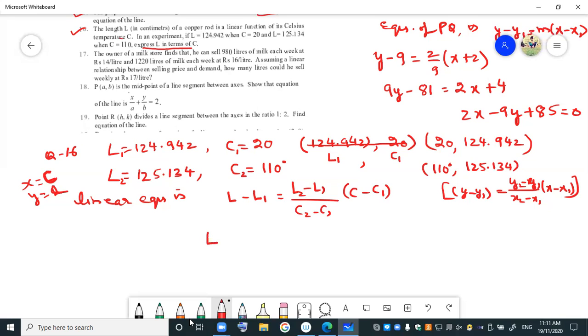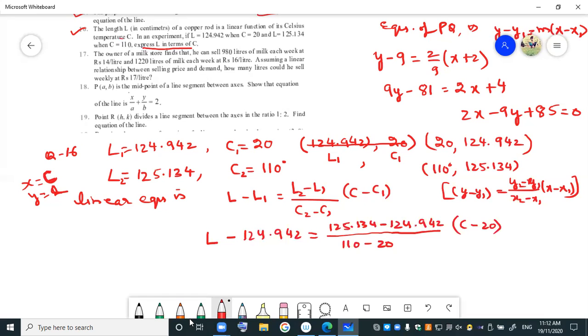Now substituting the values: L1 is 124.942, L2 is 125.134 minus L1, 124.942, divided by C2 minus C1, 110 minus 20, into C minus 20.